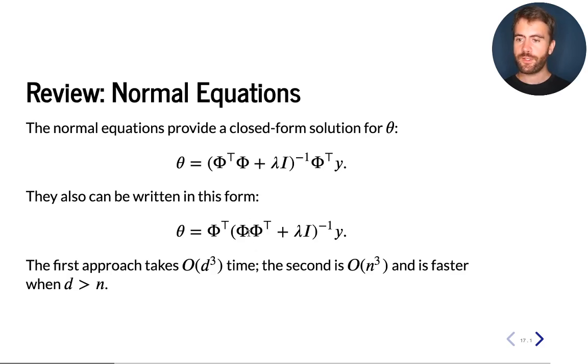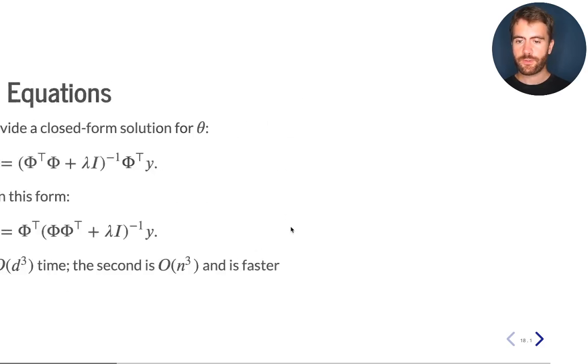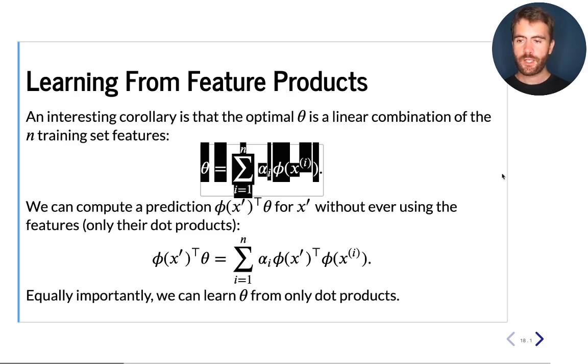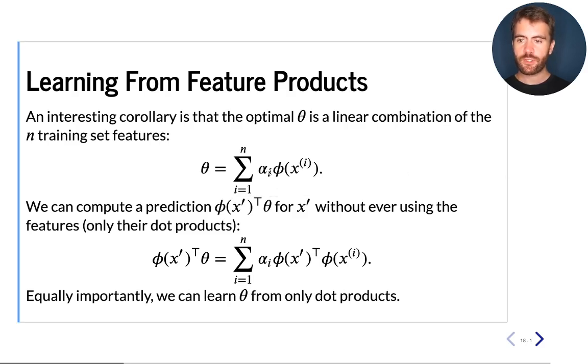And this dual has several interesting properties. The most interesting and important property is that if we use the dual form, we can show that the optimal parameters theta have the following form. Our optimal set of parameters is actually a linear combination of the features measured over all the data points in our training set.